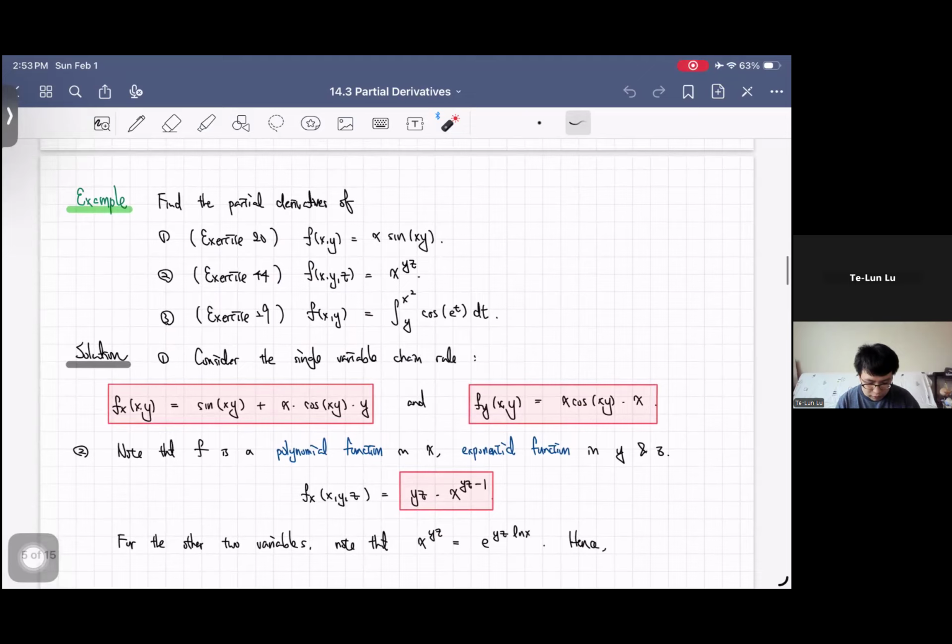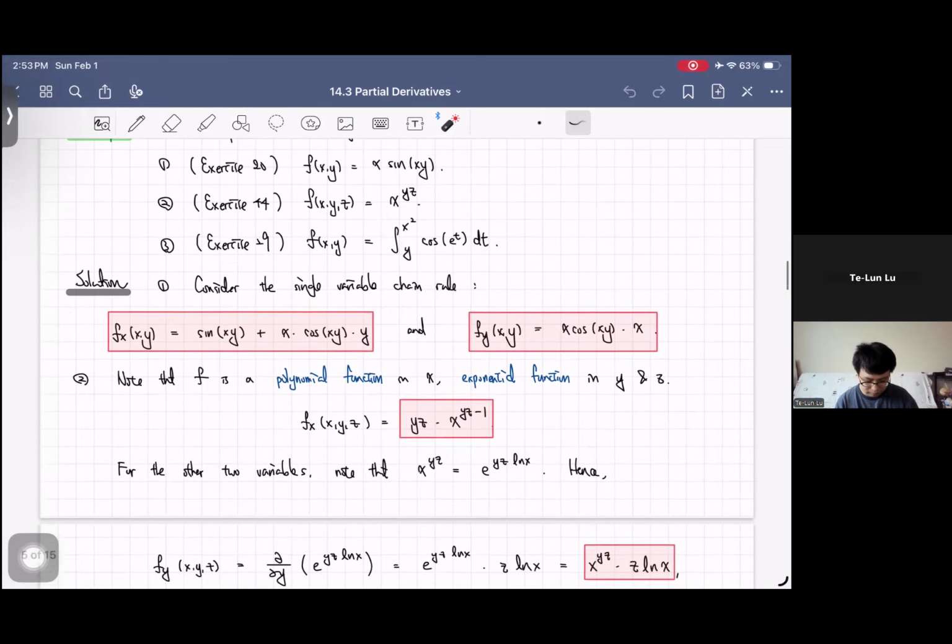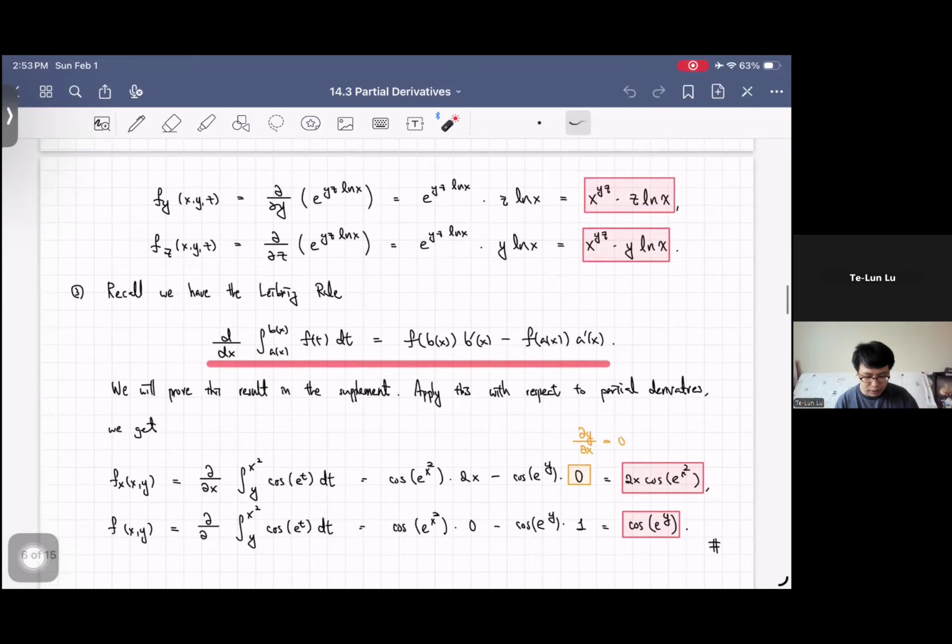Right. So for the next exercise, we're differentiating an integral, which you guys should be familiar with due to the fact that in calculus 1, you guys have learned the fundamental theorem of calculus, right? So differentiating an integral is always not that tricky. In this case, let's recall the nice Leibniz rule. This is a nice rule induced by the fundamental theorem of calculus.